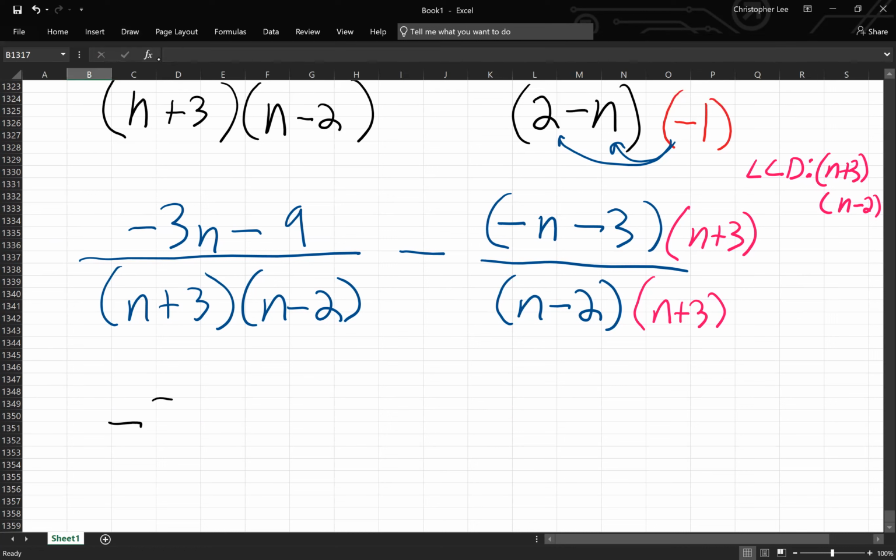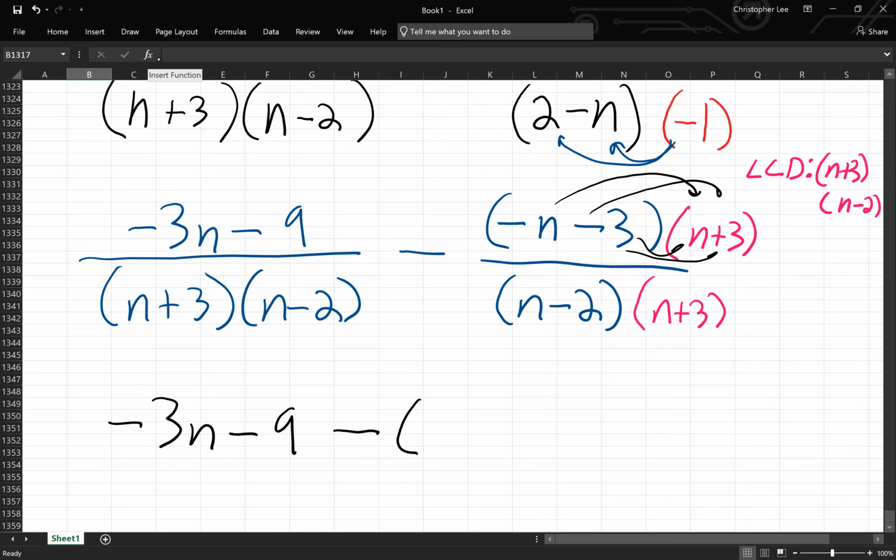So I have the negative 3n minus 9 over here. It's a little bit complicated over here. First thing I want to do is distribute these. We're going to FOIL these over here. So I'm going to keep the minus, open parentheses.